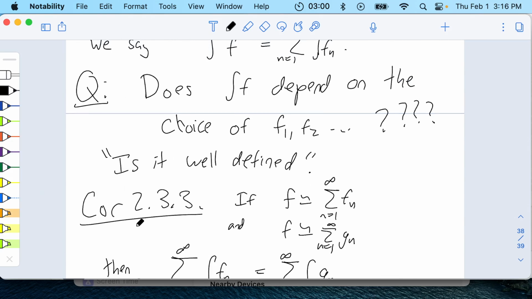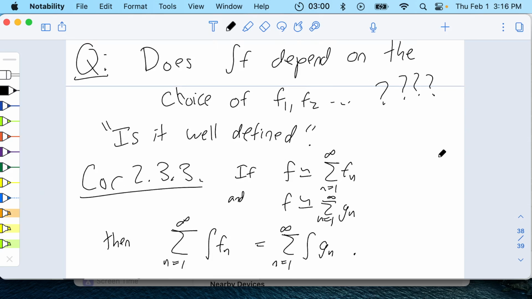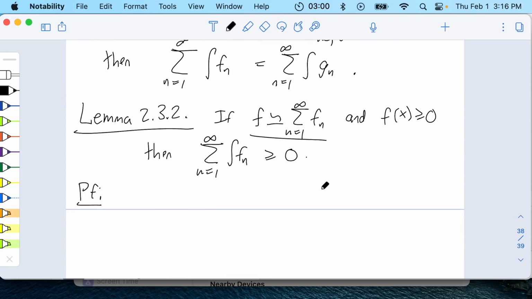And again, we're going to use heavily bullet points A and B. Bullet points A and B are the only thing that we have to work with, so that's what we're going to use. We're told f is the sum of the fn's, and so we have bullet points A and B. What we're going to do is argue like this.